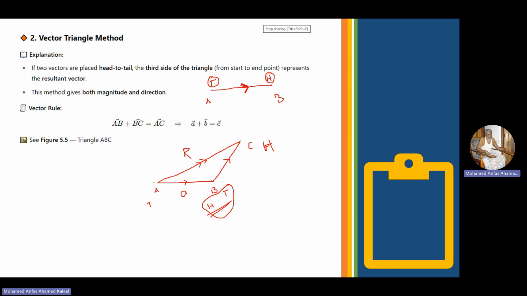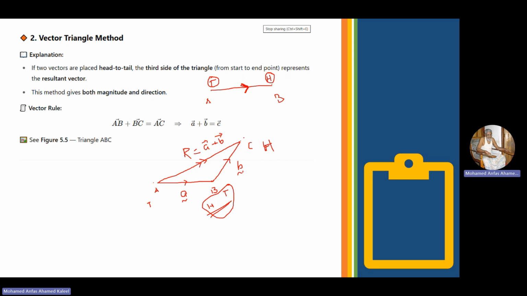Let's say this vector is A vector and this vector is B vector. Then the resultant vector is called A vector plus B vector. We have to add with the direction.